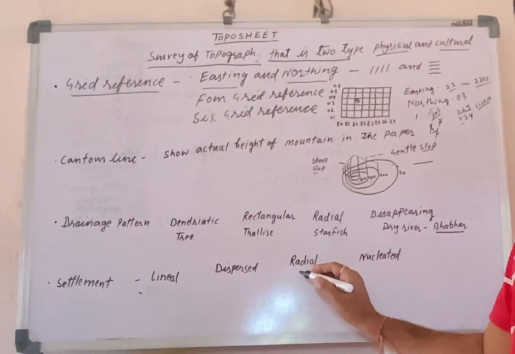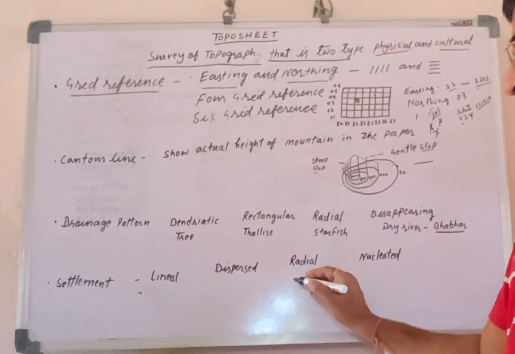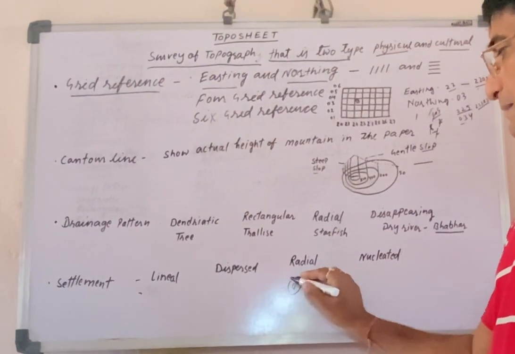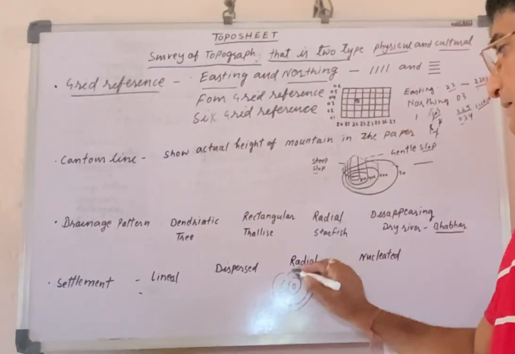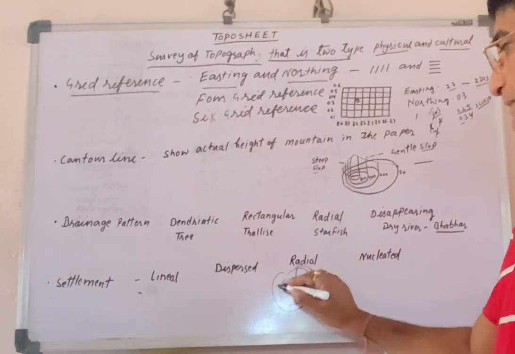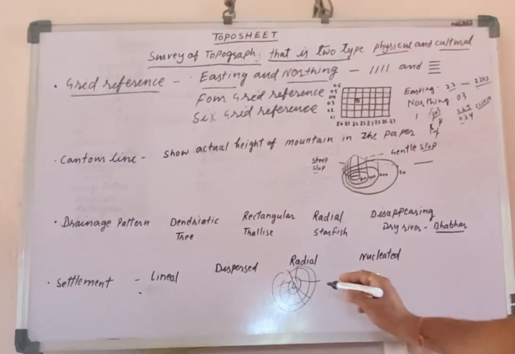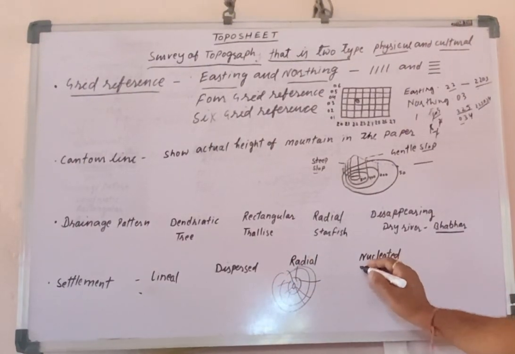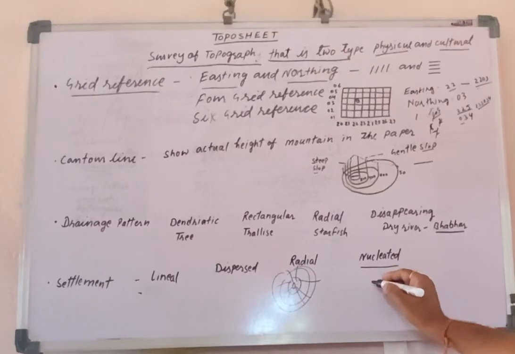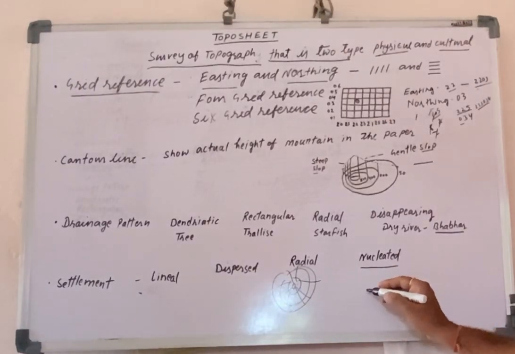Radial settlement is just like a starfish, like the radial pattern in drainage. Clustered settlement means the houses are built very close to each other.